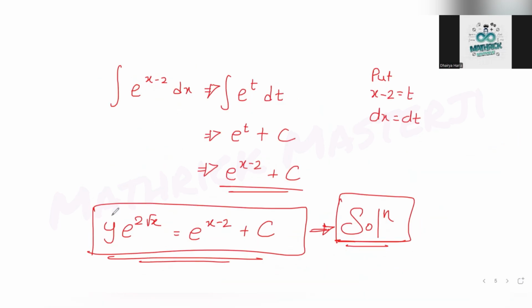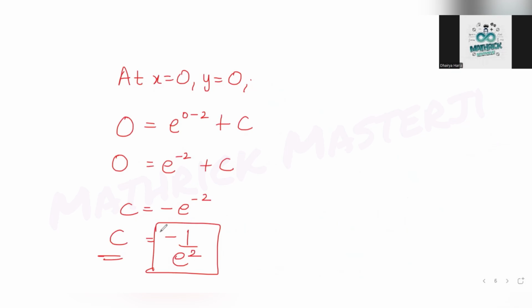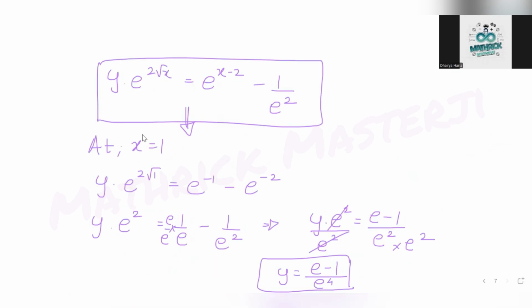Putting in the first condition, x equals 0, y equals 0, gave us the constant of this differential equation, which becomes minus 1 over e squared. And then I put x as 1 and got the value of y. That basically matches with option B. So B becomes the correct answer for this question.